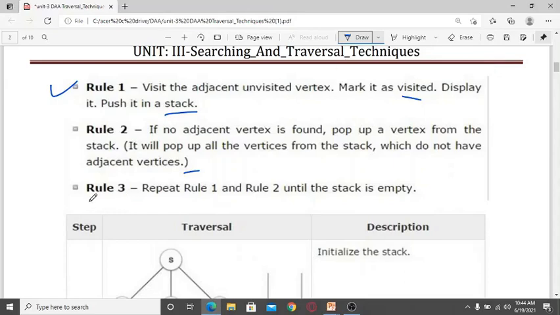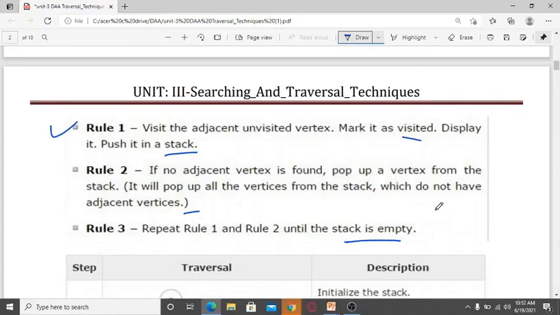Okay, then rule 3, repeat rule 1 and rule 2 until the stack is empty. Until the stack is empty, we keep performing the operation. Let's solve the problem.